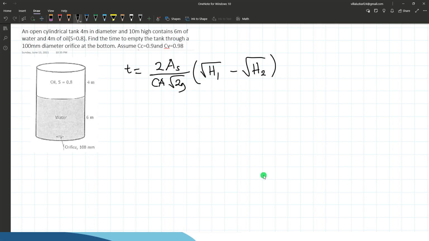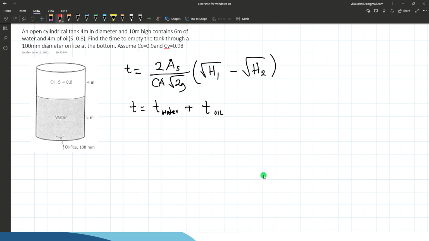So for us to compute the total time to empty this tank, we have to compute the total time for the water to spill out of this container, then we add the total time for the oil.